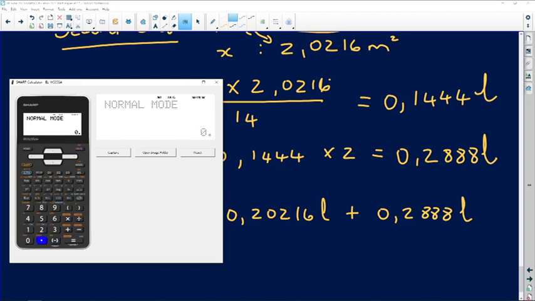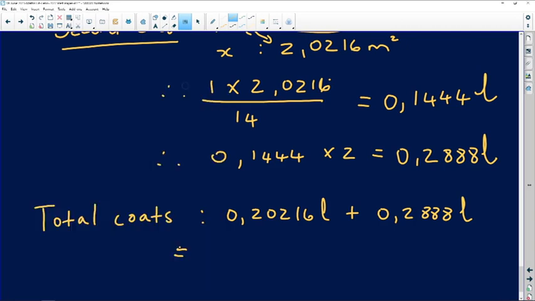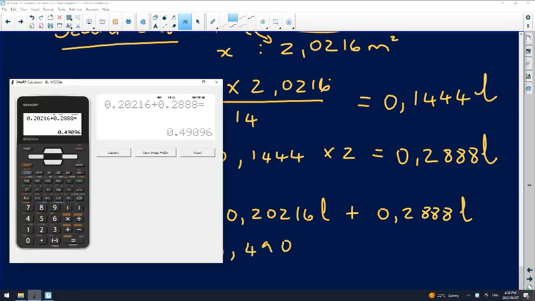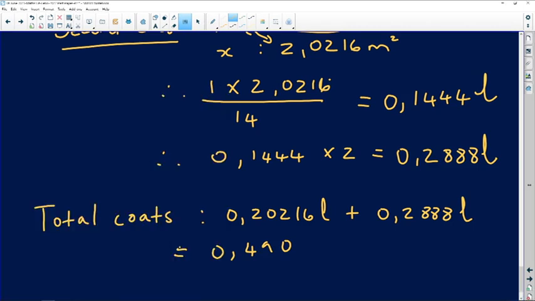Let's go add that. 0,20216 plus 0,2888. So in total, I'm going to need 0,49096 liters.